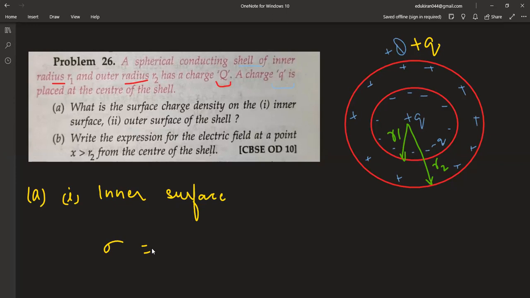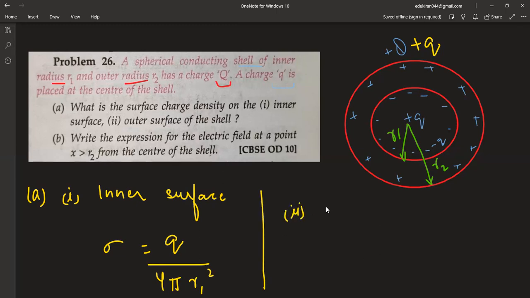Sigma, charge per unit area, right? When we are talking about the inner surface of the shell, we'll be considering only small q, divided by 4 pi R1 squared, which is the area.